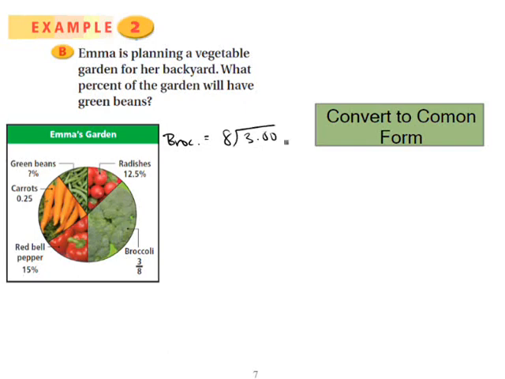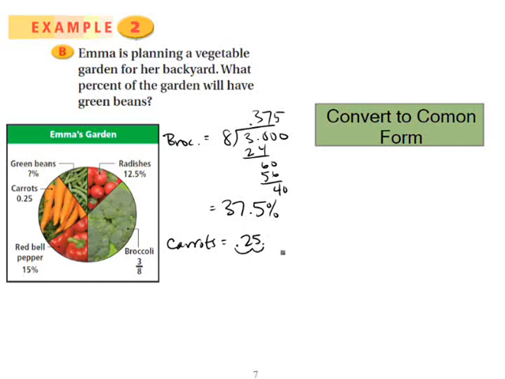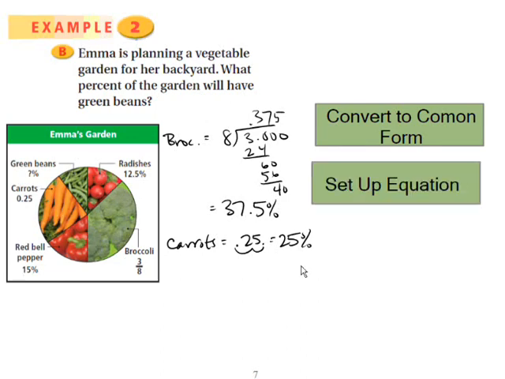So converting 3/8 into a percentage involves dividing 3 by 8, which is 0.375, and then rewriting that as a percentage, which is 37.5. The carats are 0.25. That easily converts into 25%. And the other two quantities are already in percentages.